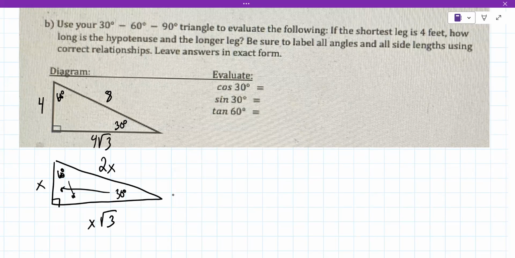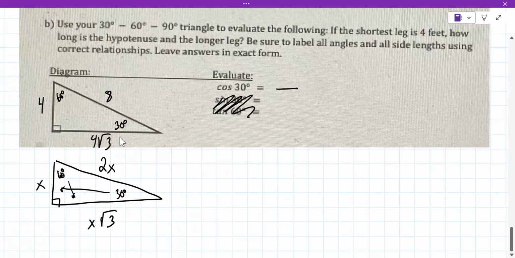All right, so we can now find the cosine of 30 degrees. Cosine of 30 is what over what? Adjacent over hypotenuse. When I'm doing this, am I looking at this from the 30-degree angle?